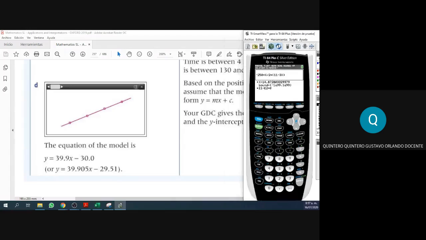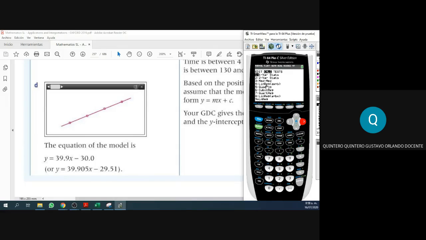There. So you have your calculator, right? You just quit from whatever you're doing, clear, and to find models, you're going to go to statistics. Now, you want to calculate things, so you go to calculate. And look, there we have a lot of regressions.